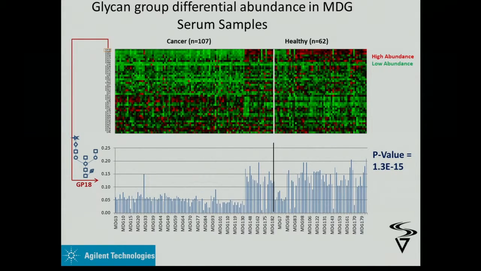But do we understand anything about why we're seeing lower levels of GP18 in the cancer samples than we're seeing in the healthy samples? Can we say something about some mechanism that's happening in the tumor that is reflected in what we're measuring in the blood? So in order to try to answer this question, we can do the same trick as we've done with the microRNAs. Here I've ordered the samples according to another sugar group, doesn't matter, GP34 abundance.